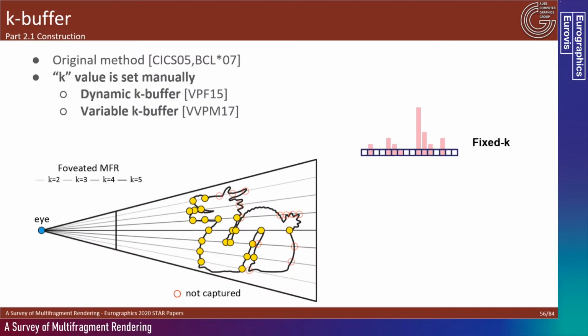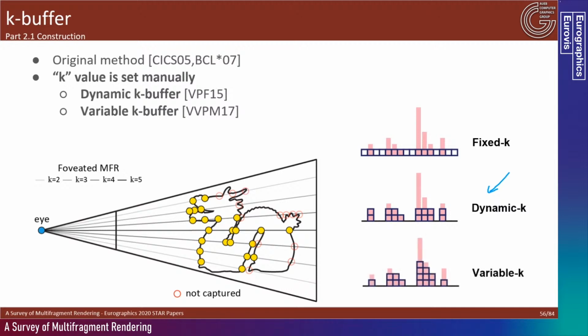To mitigate problems that arise from using a fixed K, the K value can be either dynamically adjusted by performing a depth histogram analysis first, or it can be set differently on a per pixel level according to, for example, importance criteria such as foveated or BSDF based importance, as proposed in the variable K buffer.